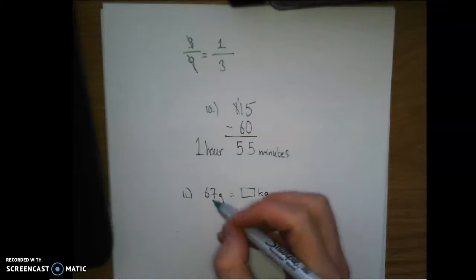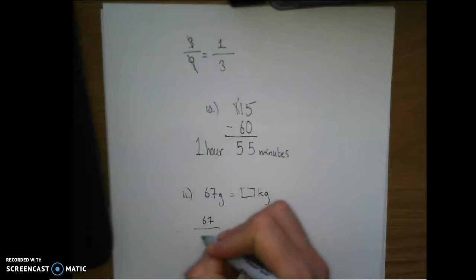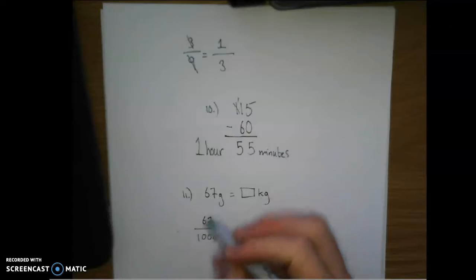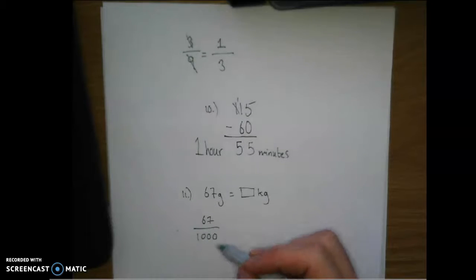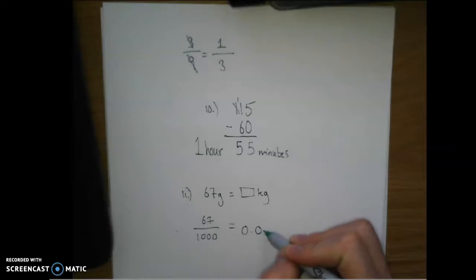Now a kilogram is 1,000 grams. So 67 out of 1,000. That would be the same as 0.067.